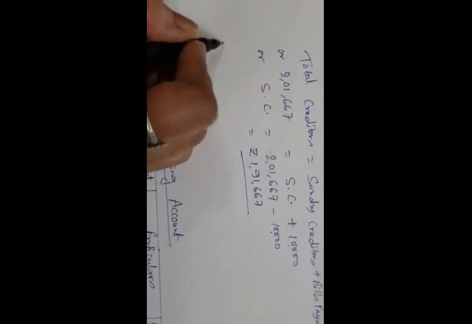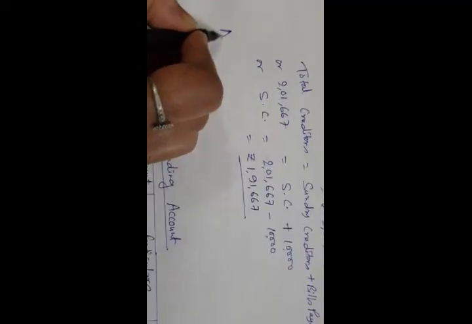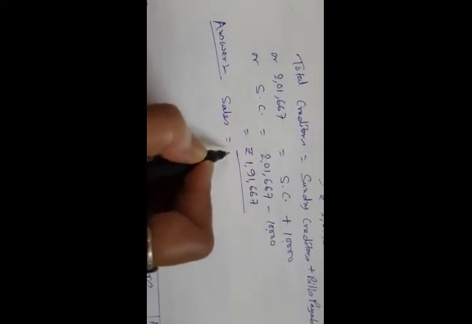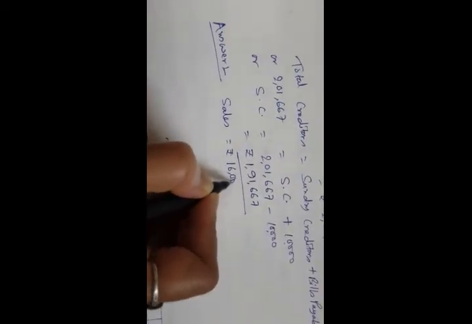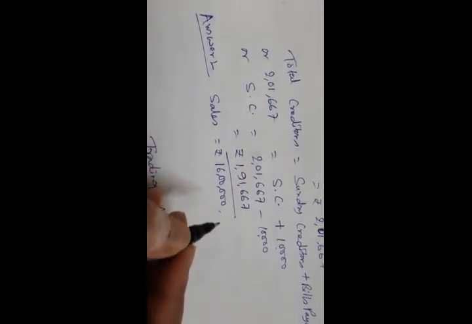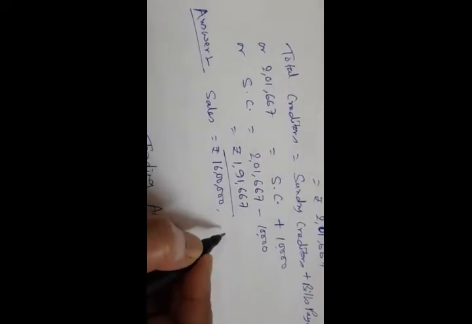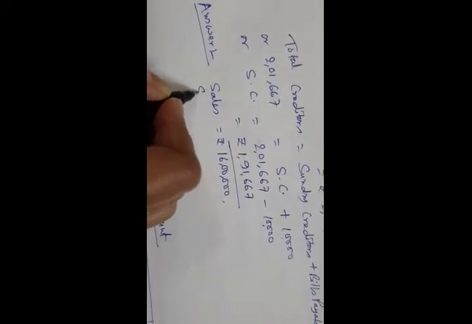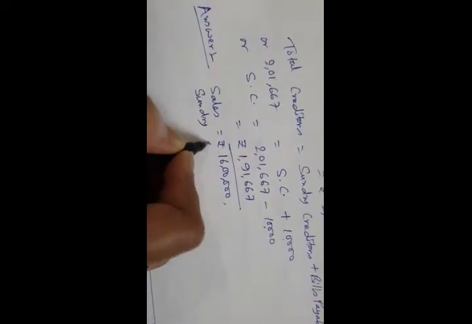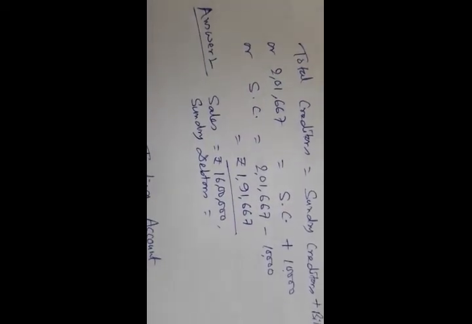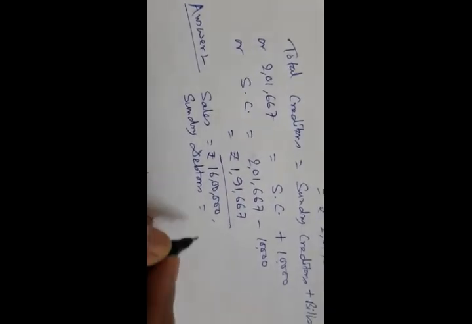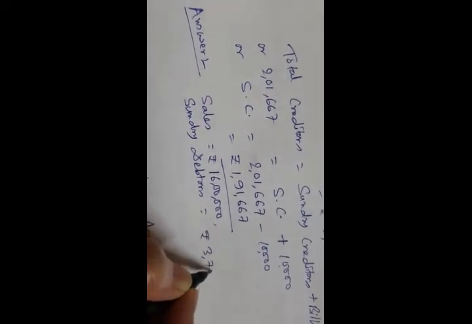Now what are the figures we need? That means now I'm writing the answer. Sales figure we have already computed, it's 16 lakh. Next one is our sundry debtor. Sundry debtor figure we have already computed, it is coming to 3,75,000.